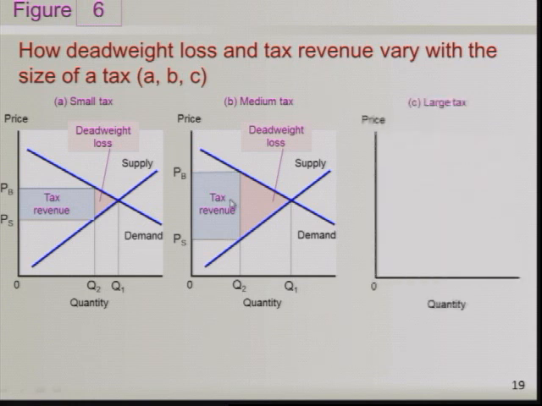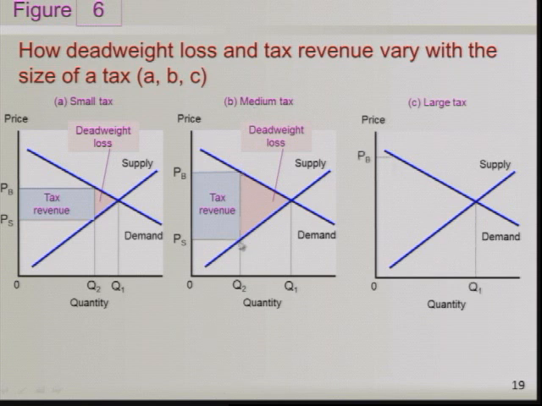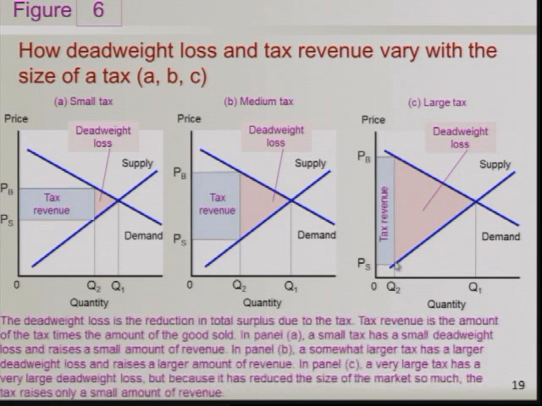Okay, well, what if they keep trying to do it? If they were to move from a medium-sized tax to a large tax, so this tax wedge here is really big now. What's happened to that blue rectangle?